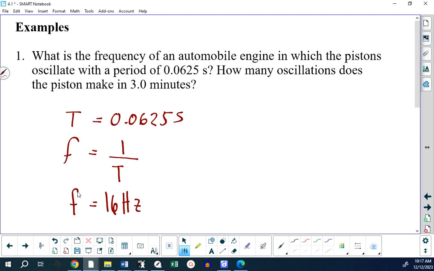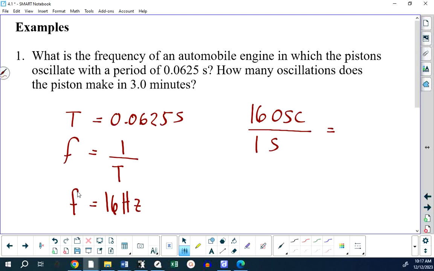How many oscillations does the piston make in 3 minutes? This is a matter of a ratio. 16 hertz means 16 oscillations every 1 second. You can put 16 cycles every second. You can put 16 movements every second.